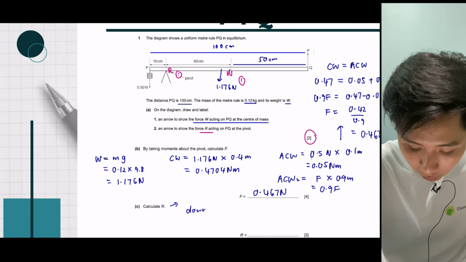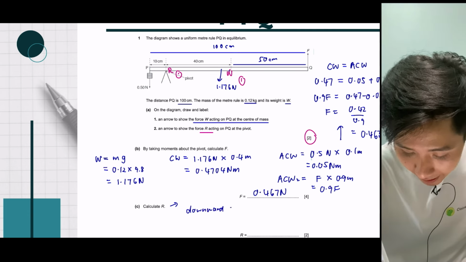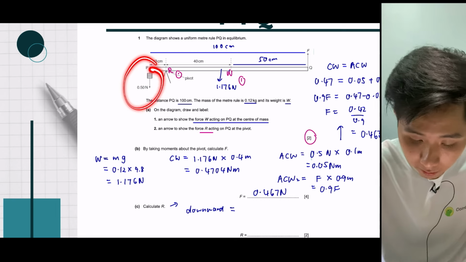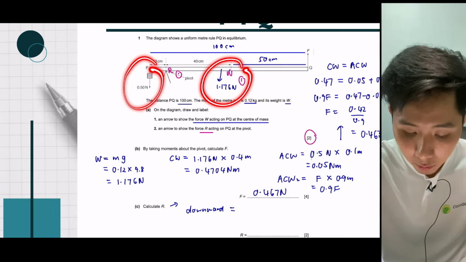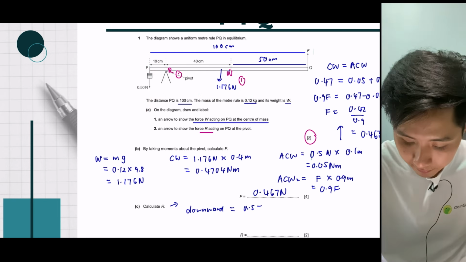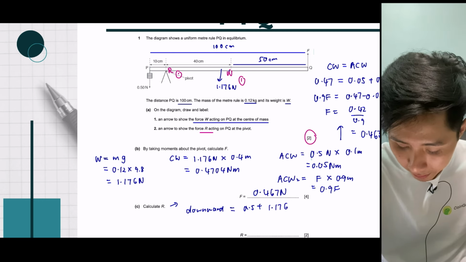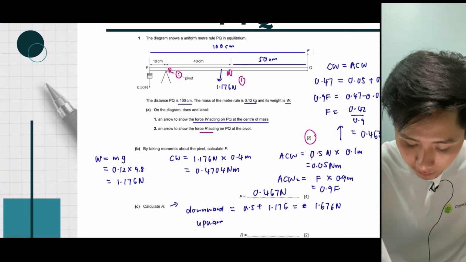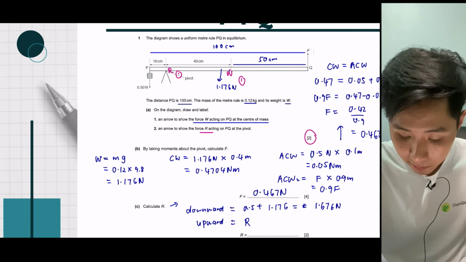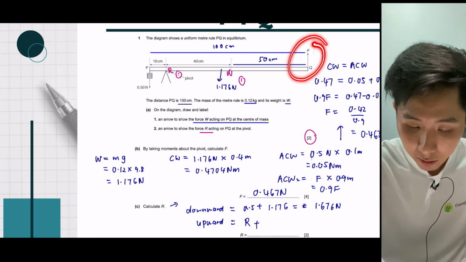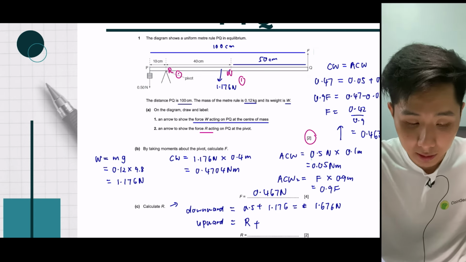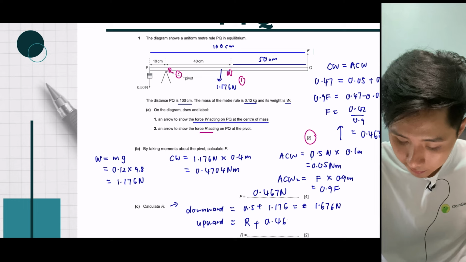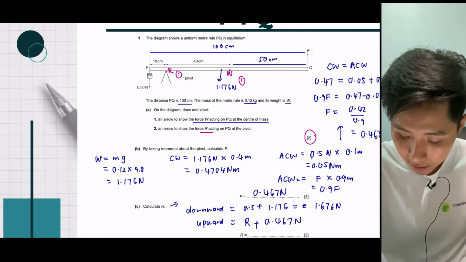Here we have 0.5 plus 1.176 plus 1.176, you get 2.852 Newton. Whereas the upward force is not just going to be R, but R plus what we calculated just now in the question. So it's going to be R plus 0.467 Newton.